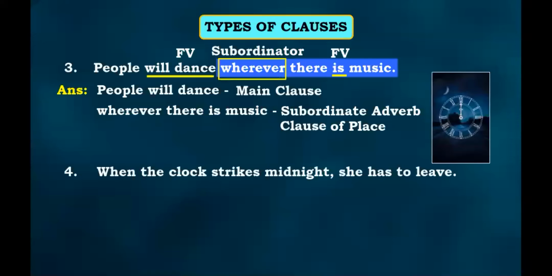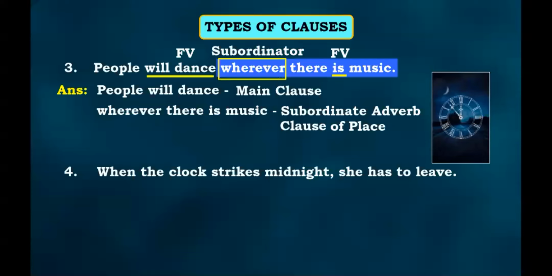When the clock strikes midnight, she has to leave. Okay, pick out the 2 finite verbs. Come on, quickly, guys. Very good. Strikes and has. Guys, everybody who's typing to leave: to leave is an infinitive. That is a non-finite verb.